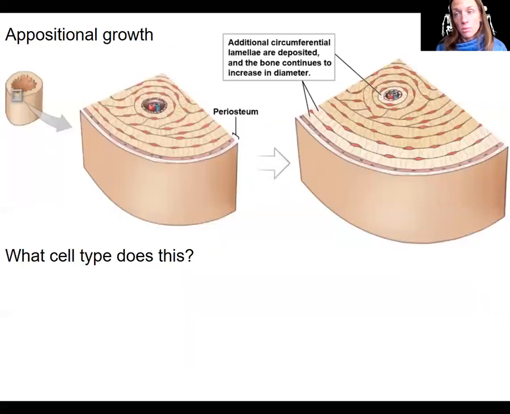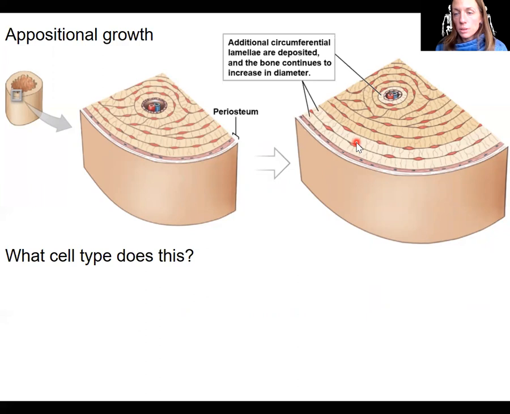The second way that bones can grow is they can grow wider, right? They have to grow wider as they grow longer. This also can happen somewhat with remodeling in adulthood. So circumference is added to the outside of the bone, going from something like this to this, an increase in diameter.